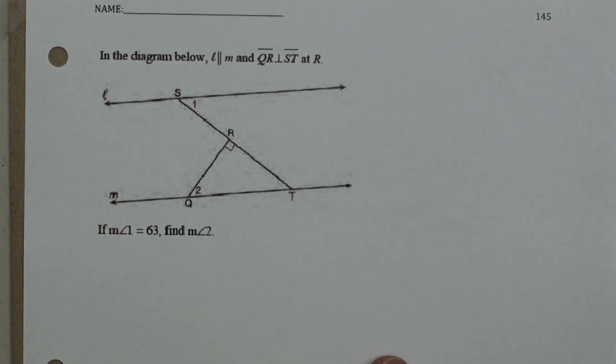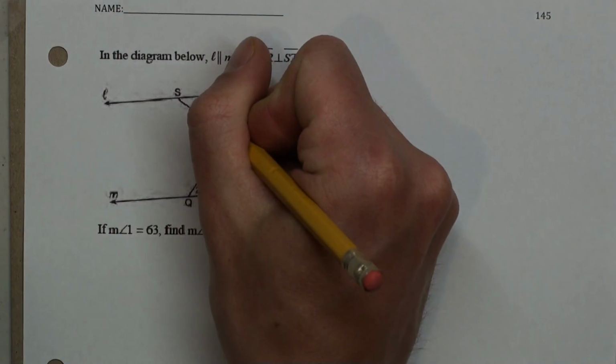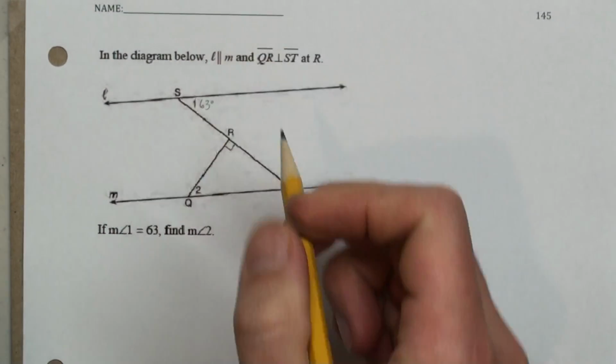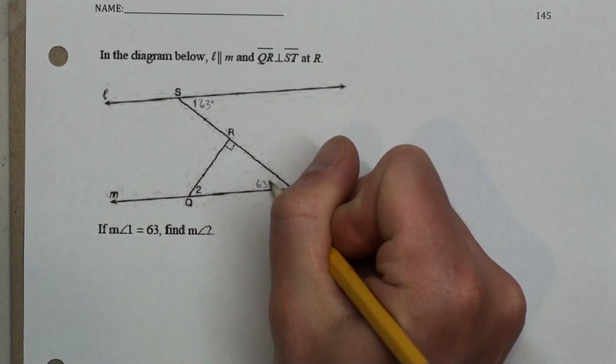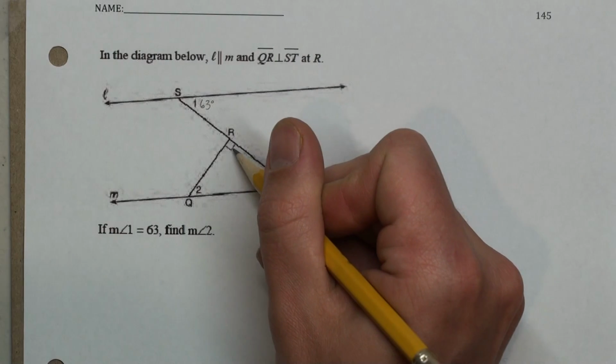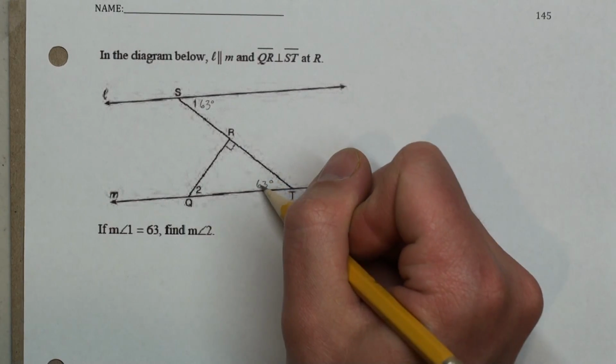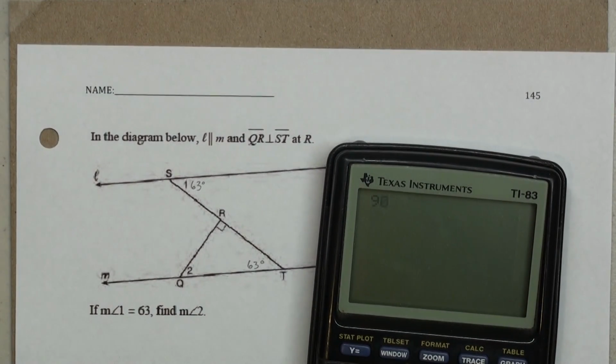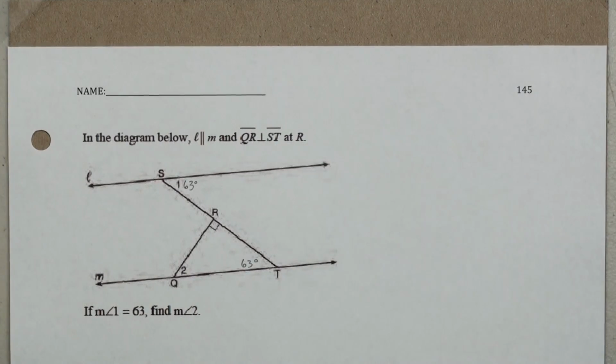L is parallel to M and QR is perpendicular to ST at R. If the measure of angle 1 is 63, we know that this is 63 because alternate interior angles are equal. And this is 90. So 90 plus 63 is 153, and then if we subtract that from 180, we get 27.